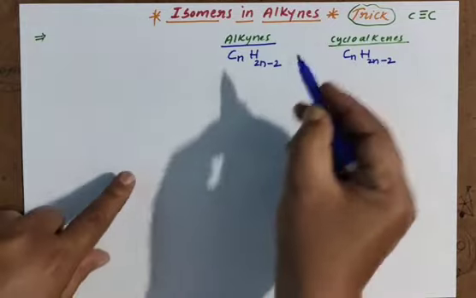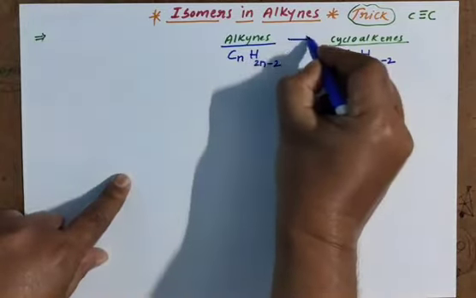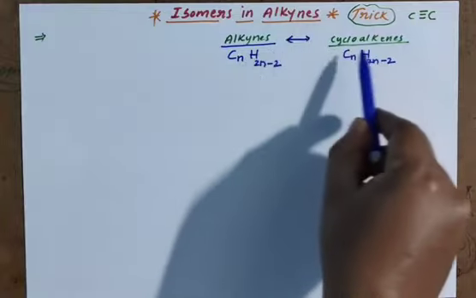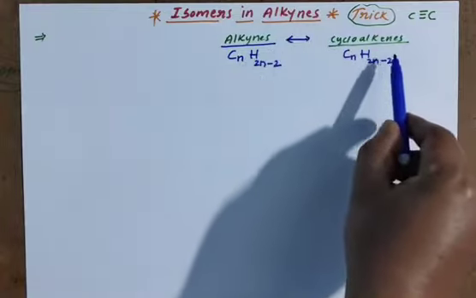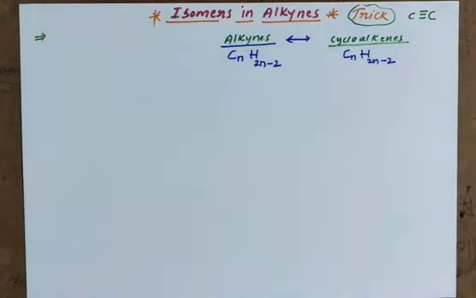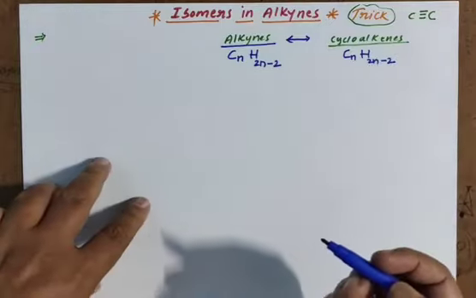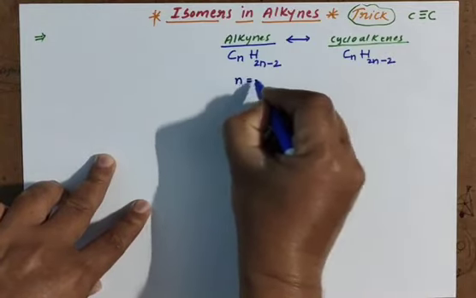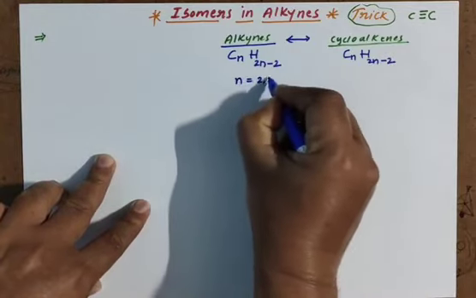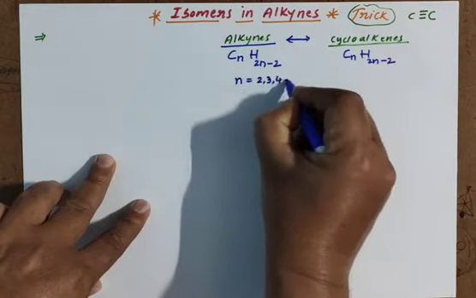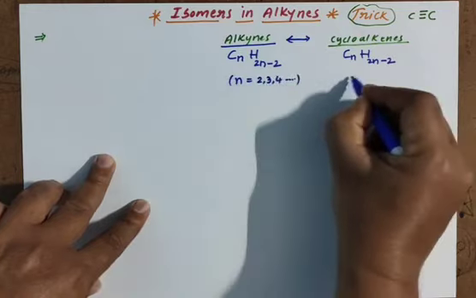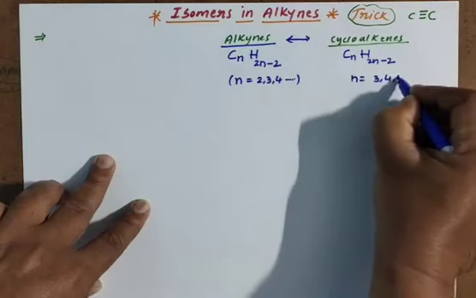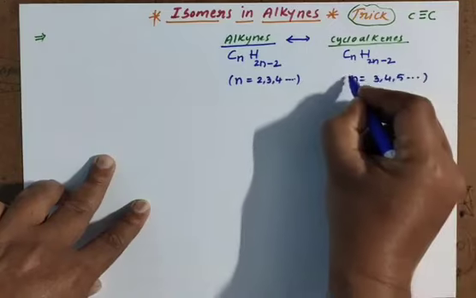So now these two are exhibiting isomerism. Alkynes and cycloalkenes are isomers because they have the same molecular general formula. Here n starts from 2, 3, 4 and so on; here n starts from 3, 4, 5 and so on.